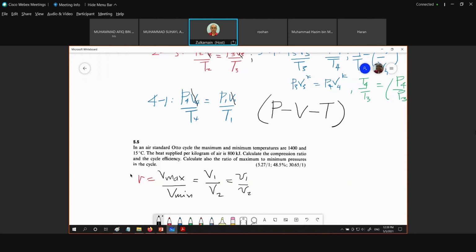Of course, we use the ideal gas equation. PV equals mRT, then V over m, which is equal to v. We bring the m downward for every kilogram, so we have v equal to RT1 over P1.